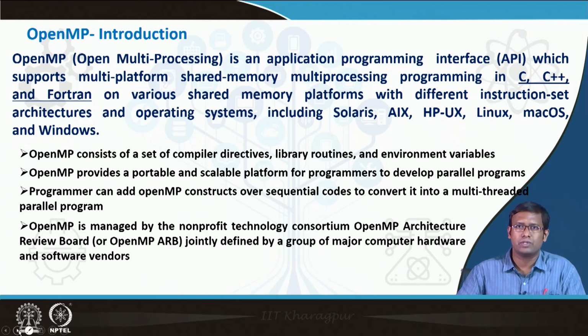Whatever OpenMP we see today has been developed over the last couple of decades and finalized by the OpenMP Architecture Review Board. If somebody develops something, it is given to all the hardware and software vendors who are members of this review board. It is a non-profit organization that manages it.